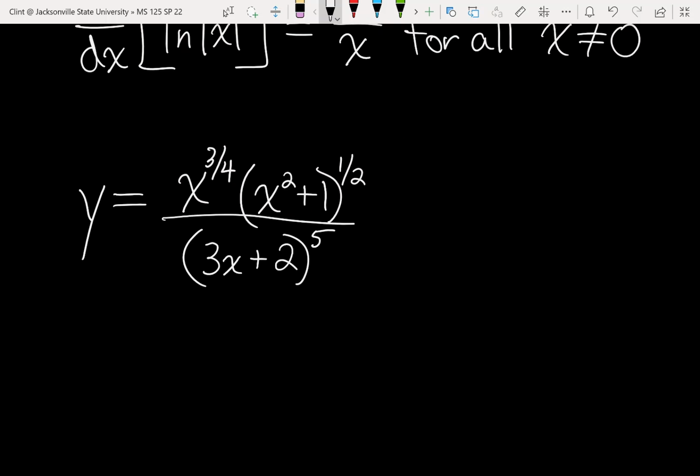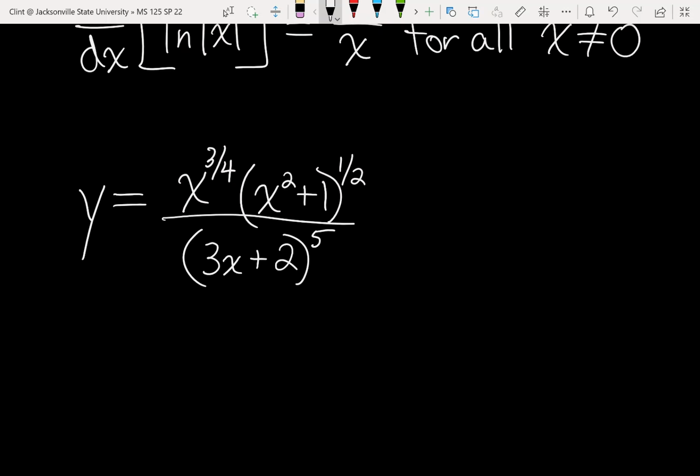Remember we said that if we use the properties of logarithms to rewrite stuff before we try finding a derivative, then it can make our life a lot easier. We had that earlier example, so here we're extending that idea.